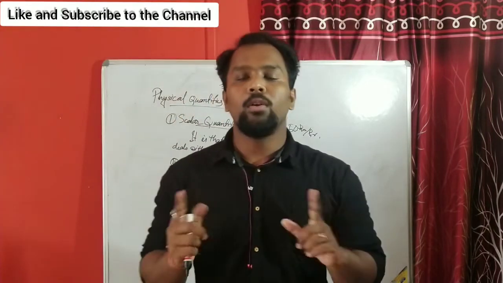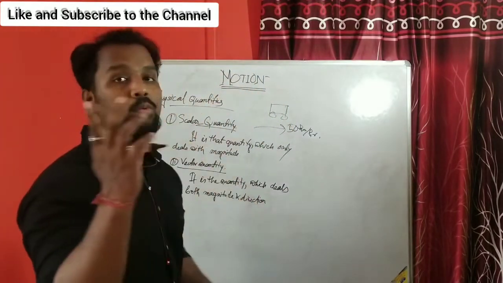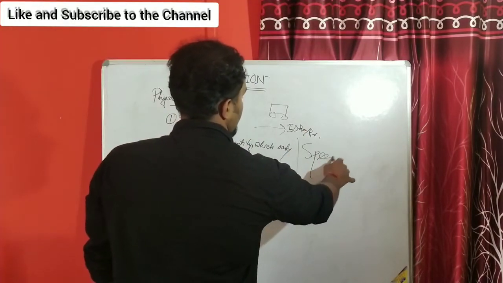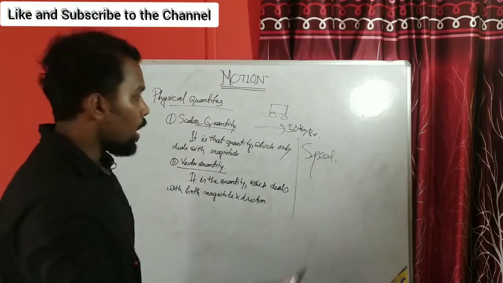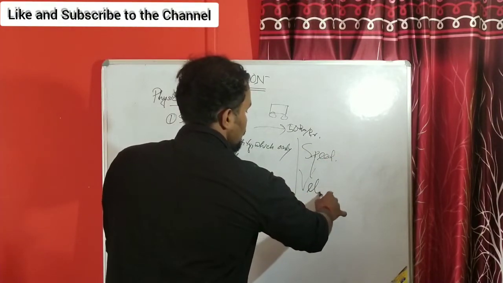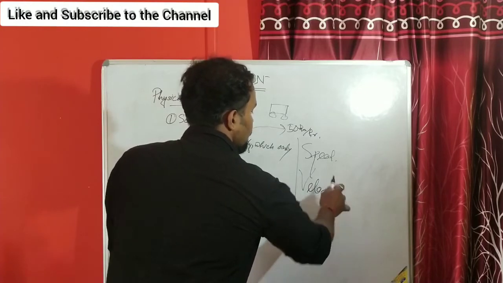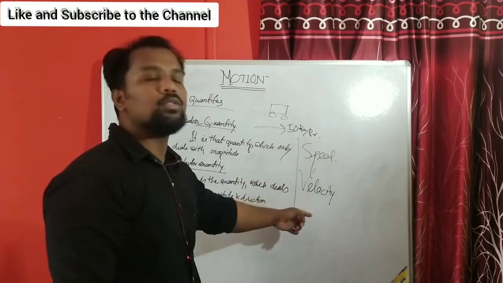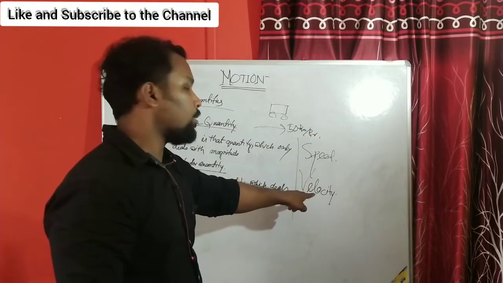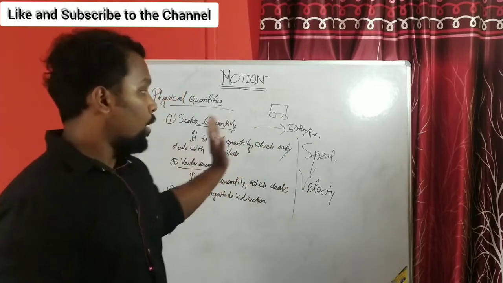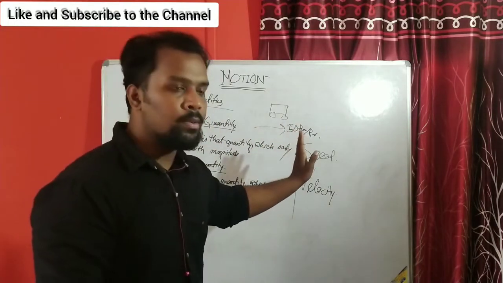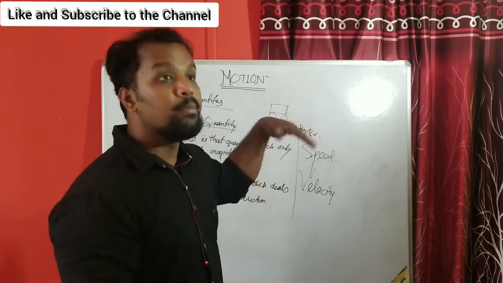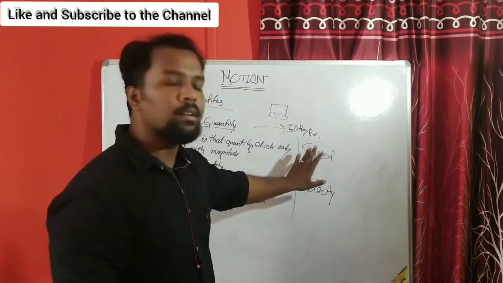See, in this motion lesson we are going to discuss two terms: one is speed, and another is velocity. Between these two, one is a scalar quantity and the other is a vector quantity. When we discuss uniform and non-uniform motion, the rate of motion and the measurement of rate of motion, then we will discuss speed and velocity.